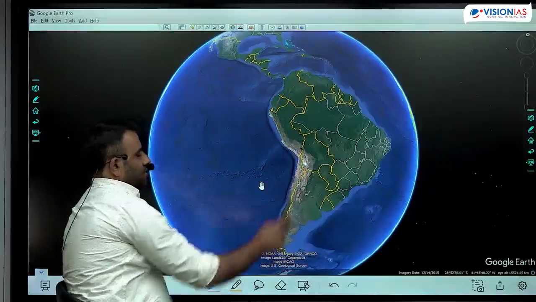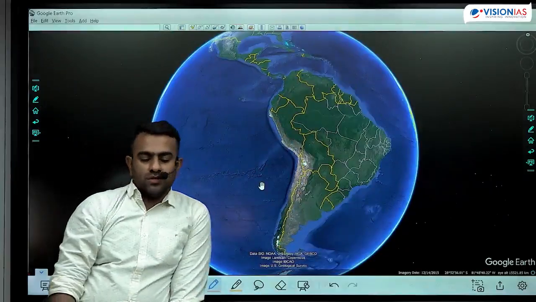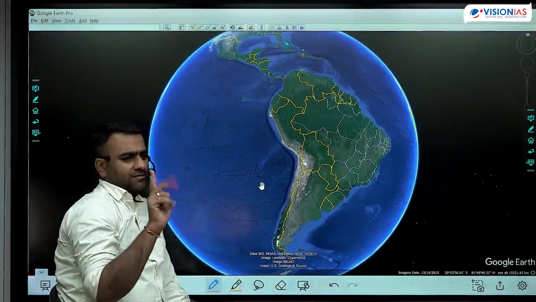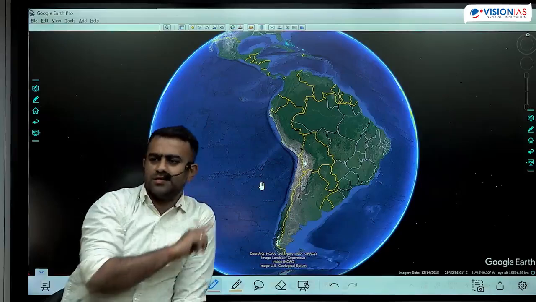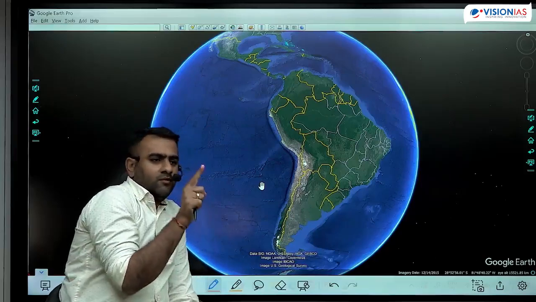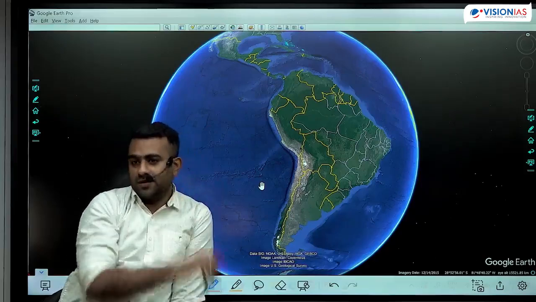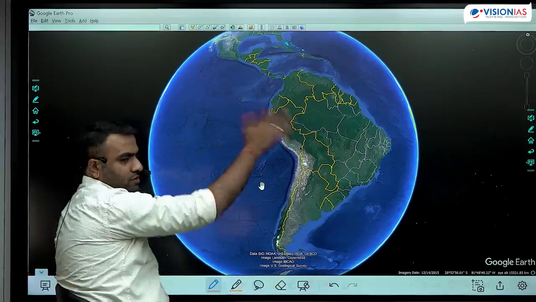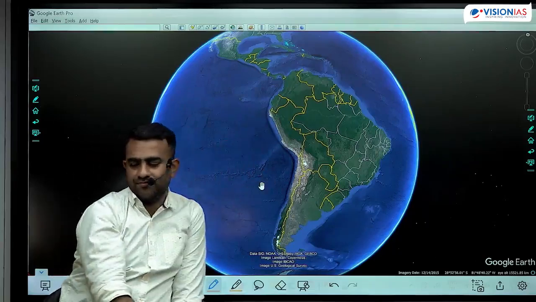One of the important zones of volcanic eruptions and earthquakes. यही major difference है. Formation of fold mountains and volcanic eruptions over the continent. That is the major difference between ocean-ocean convergence and ocean-continent convergence. Rest everything is same.